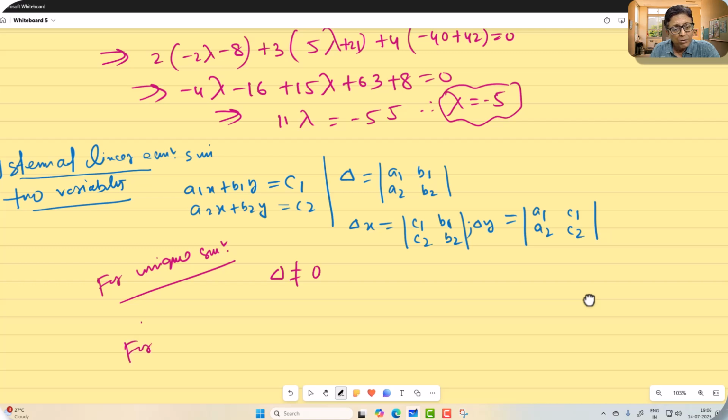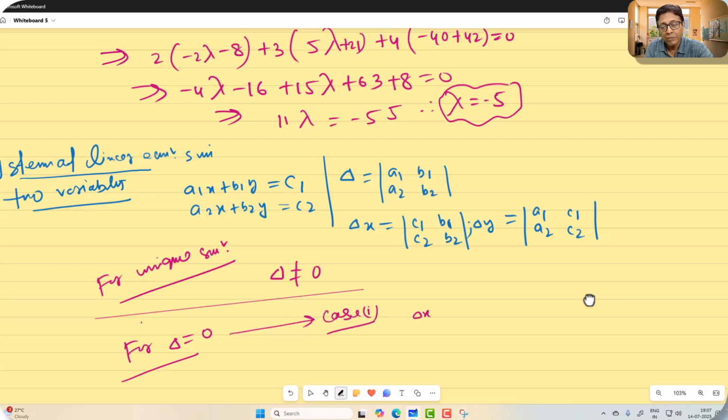So x and y, and for consistency, this is the case when delta is not equal to 0. For delta equal to 0, 2 cases will arise. Case 1: delta x, delta y both are equal to 0. In this case, infinitely many solutions exist.